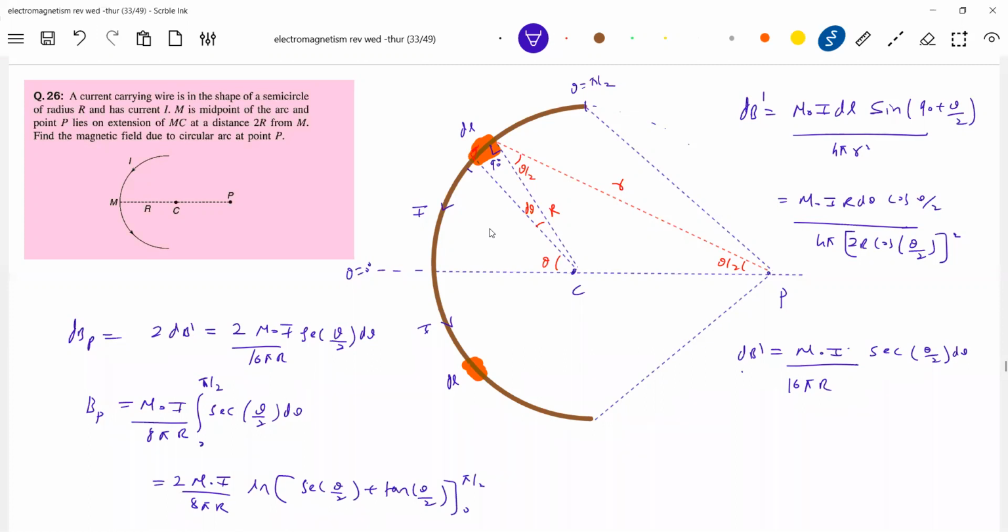Okay, why this 2? Because theta by 2 and theta are there here. So this one more. Yeah, okay, simplification of this will be mu naught I over 4 pi R, log of 1 plus root 2.